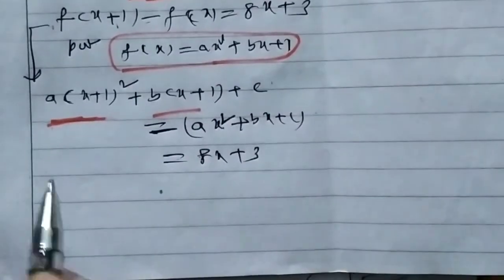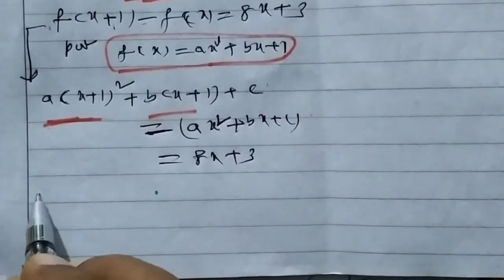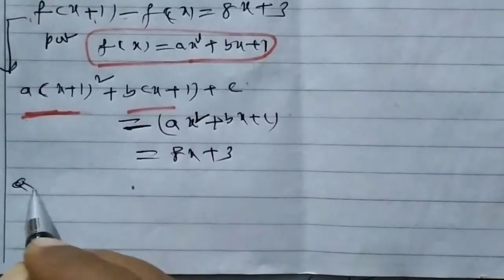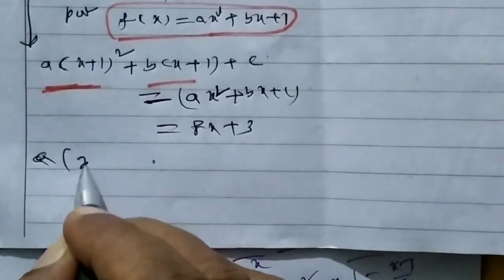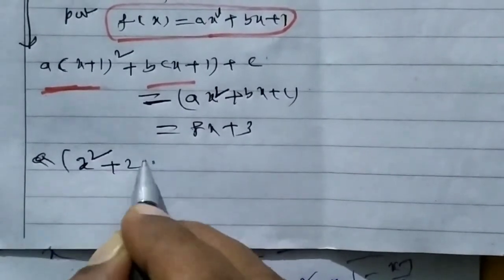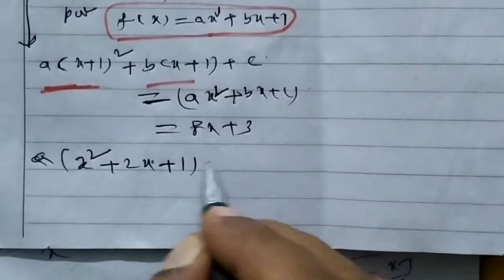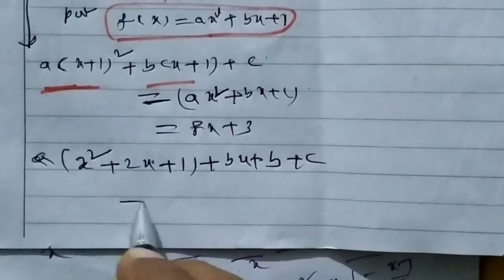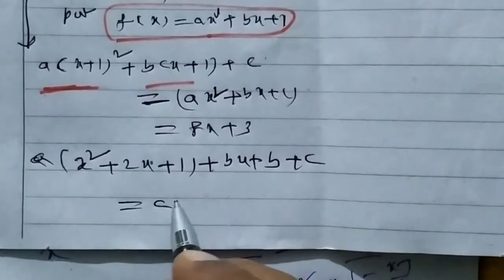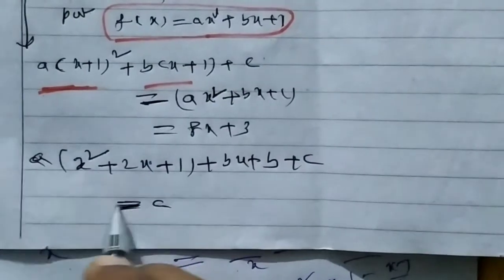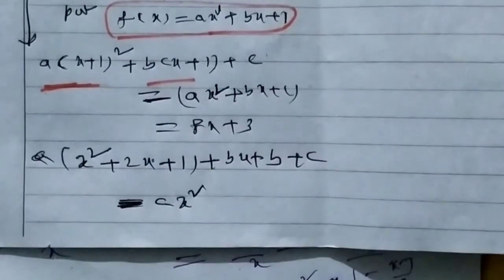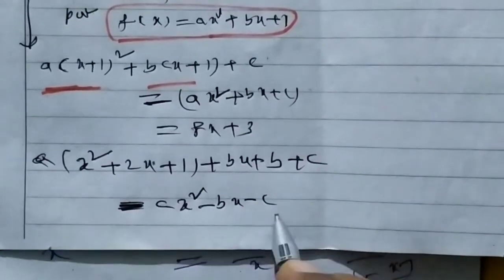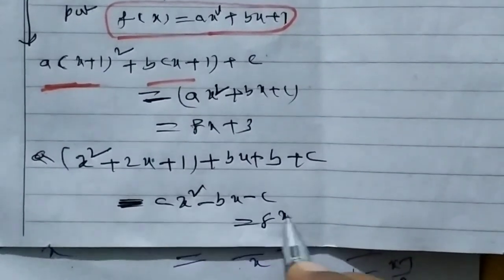By simplifying this, a times x square plus 2x plus 1, plus bx plus b plus c, minus ax square minus bx minus c is equal to 8x plus 3.